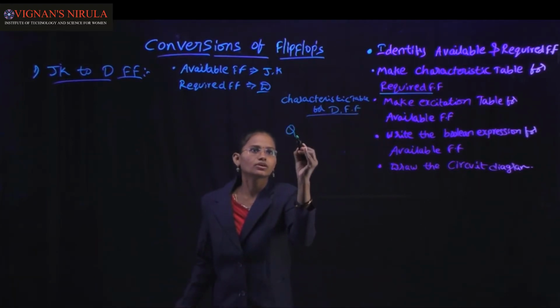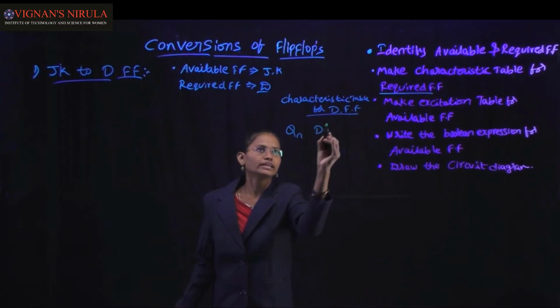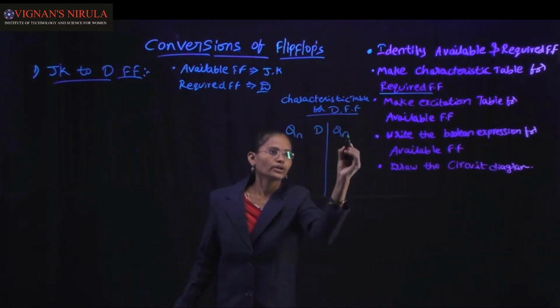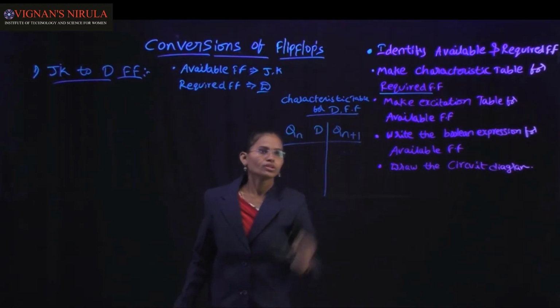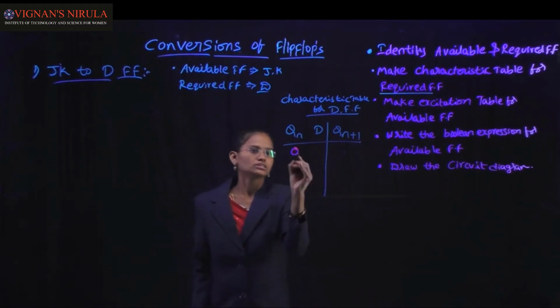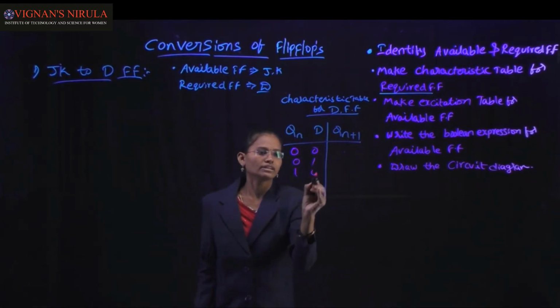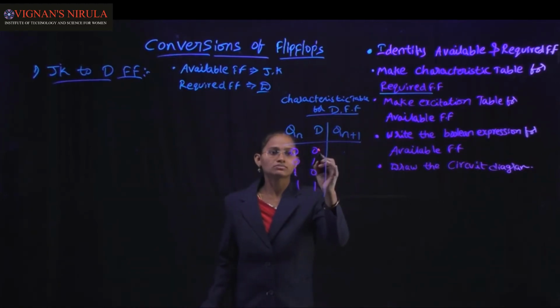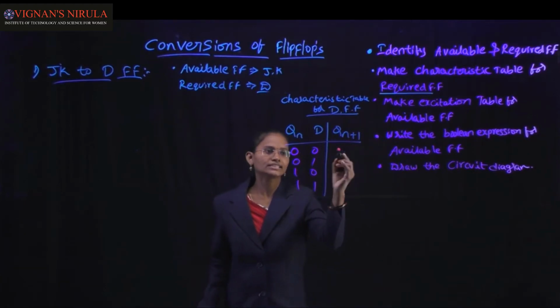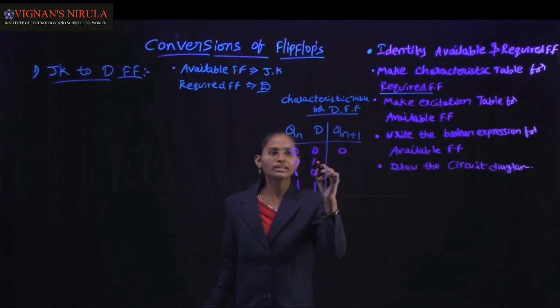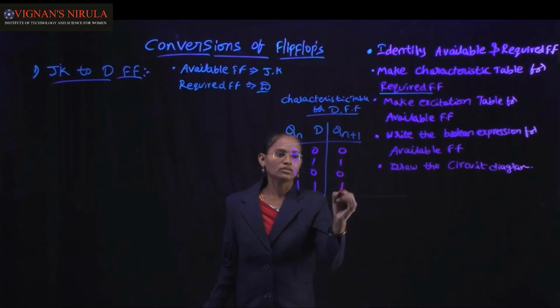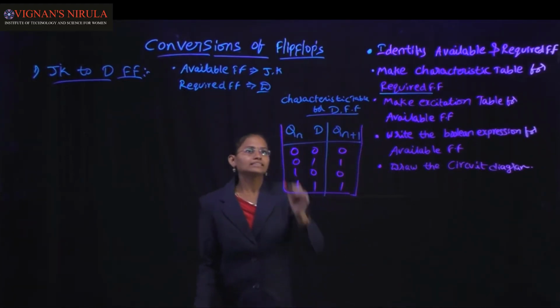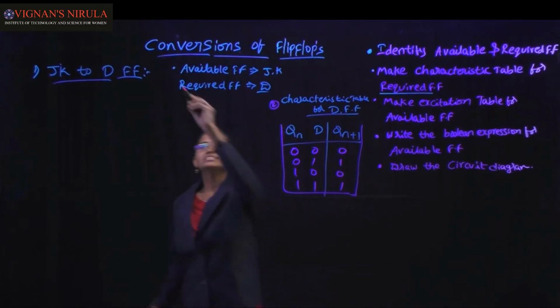This is Qn, D and Qn plus 1. Okay, in this 0 0 0 1 1 0 1 1. Here the characteristic table is D input is 0 and next state is also 0. D input is 1, next state is also 1. Okay, this is the characteristic table. And this is the step 2 and this is step 1.